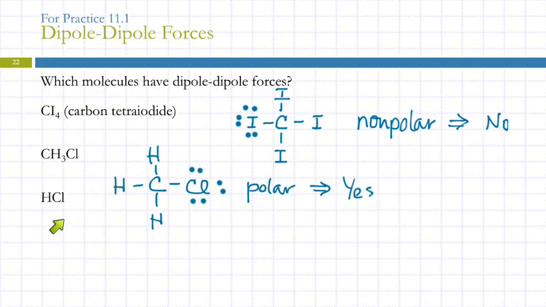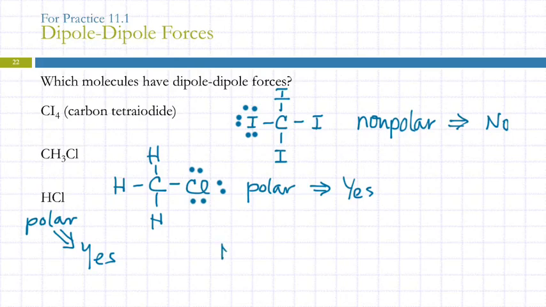How about HCl? Diatomic molecules are actually pretty easy. If the 2 atoms in there are different, most likely the bond is polar and the whole molecule is polar. So hydrogen and chlorine are different, right? So I expect you to assume that that's a polar bond, polar molecule. So that's a polar molecule, and therefore, yes, it has dipole-dipole forces.